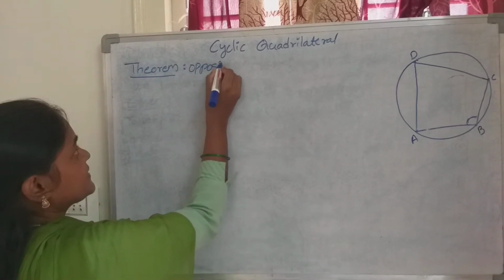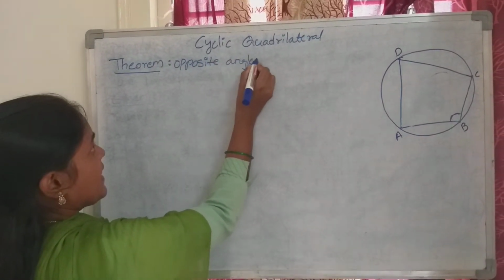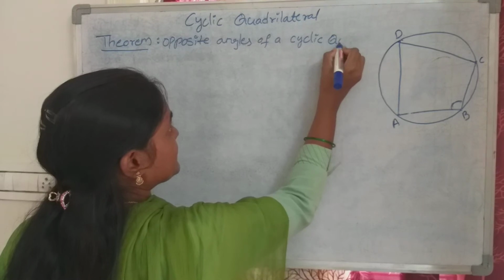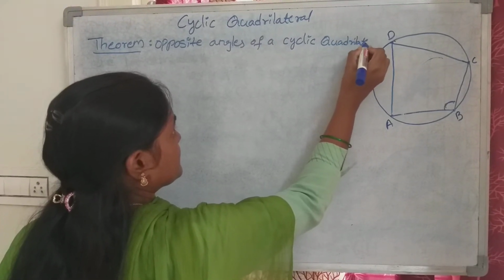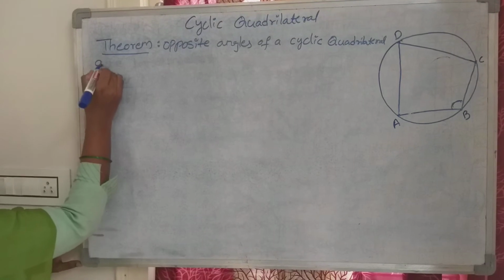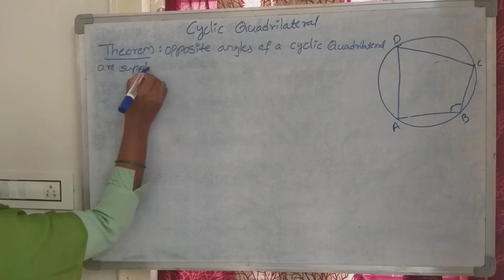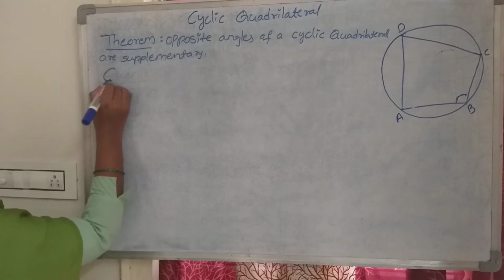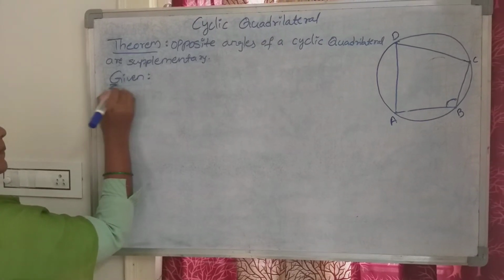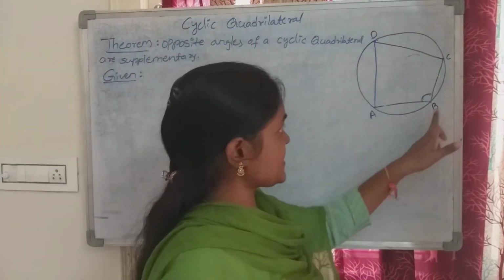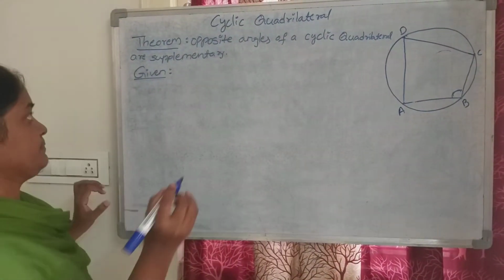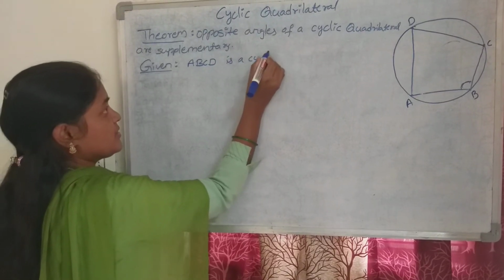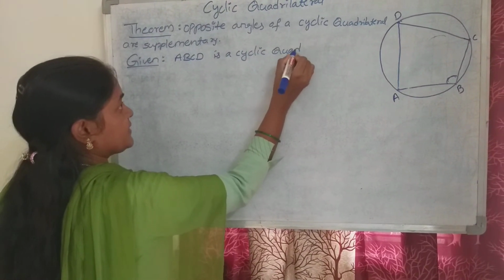Theorem: opposite angles of a cyclic quadrilateral are supplementary. Given: ABCD is a cyclic quadrilateral.